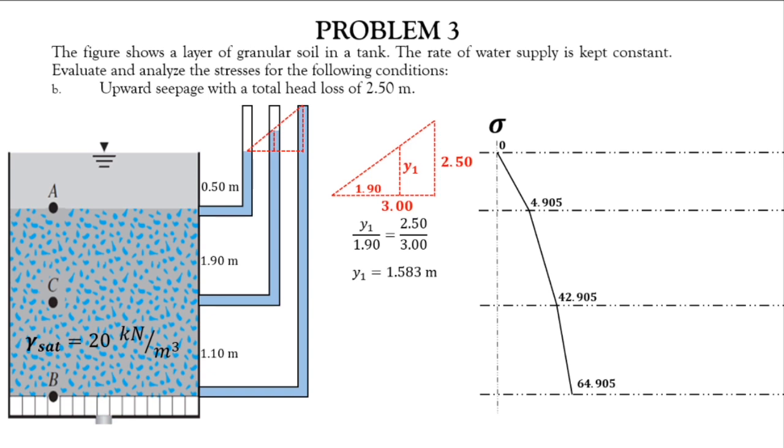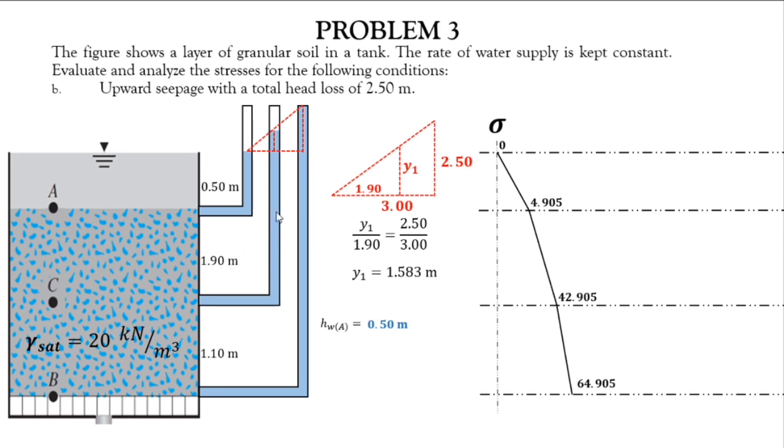Kaya, isa-isahin na natin. So, at point A, dahil meron na tayong mga heights, yung height ng water level sa piezometer A, ito yun. 0.5 lang naman yung height na to, kaya 0.5 pa rin tayo dito. Sa point C, manggagaling tayo dito, aangat tayo ng 1.9.